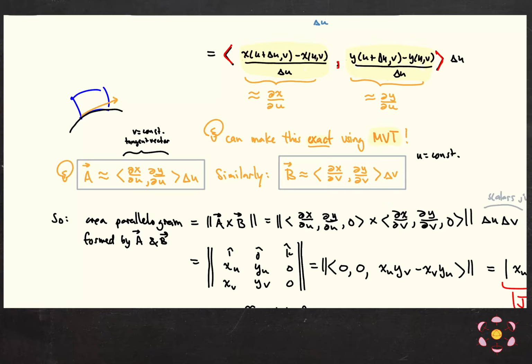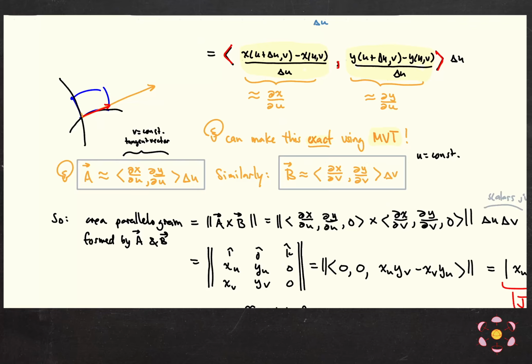Okay, now what does the du do? Well, generally, our parameterizations, let me draw this again. The vector is quite long. Multiplying by du basically shrinks it so that it's the appropriate size. Okay, now we can do the same argument with b, where basically pretend that the u is constant and the v's are varying.